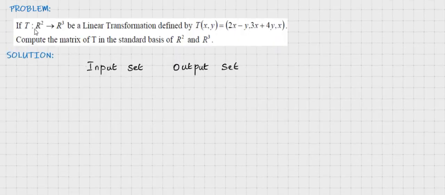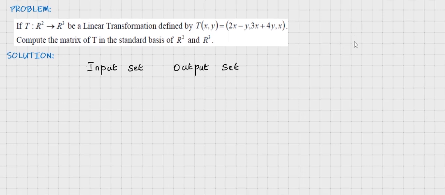This is the next problem. Here T is defined from R2 to R3. Again, just a recall, what is R2? It is the set of all two tuples. Two tuple means it will be written in pairs.